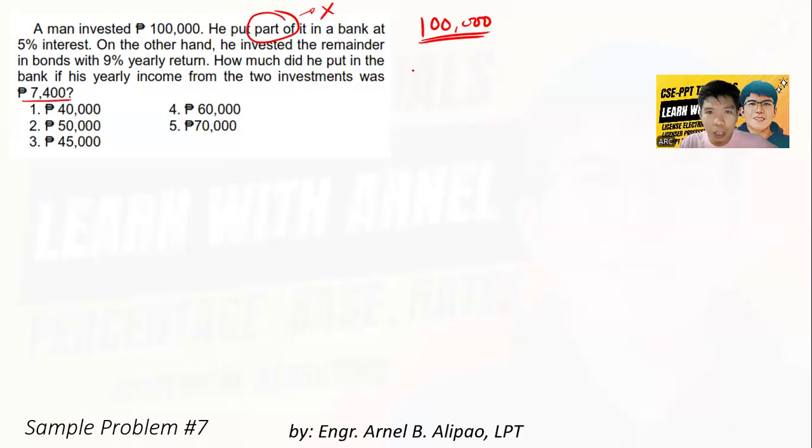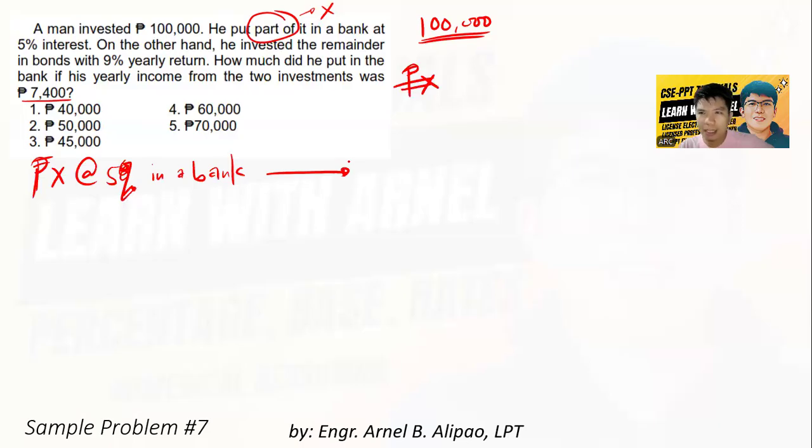So meant to say you have an X amount of money that you put at 5% in a bank. So what's the income? That is the interest. So let's review.